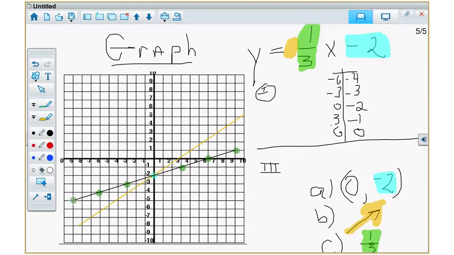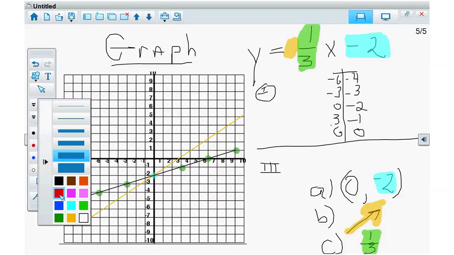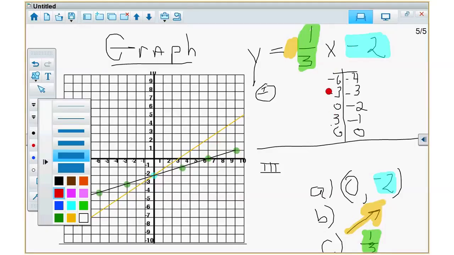There. Are all of them touching? That means you're right. Now let's see the other ones. Let's take my handy dandy blue or red marker and let's plot these points and see if it works.